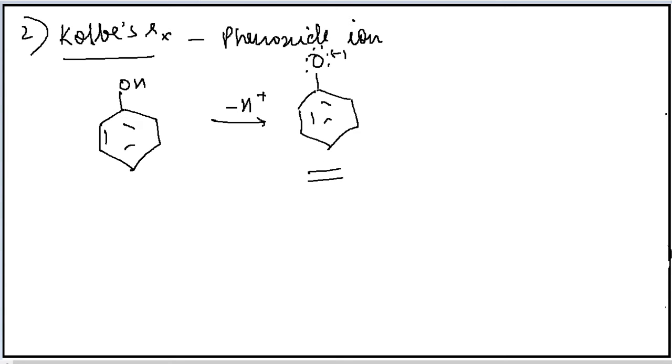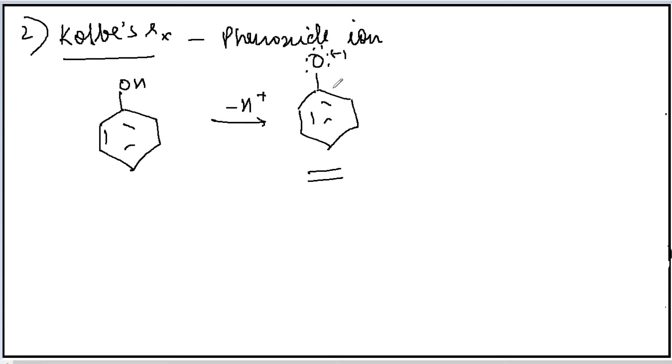So Kolbe's reaction is given by phenoxide ion. Phenoxide ion is a stable form. The stability of phenoxide I already explained to you in the last video by the resonating structures of phenoxide ion. So phenoxide ion is more reactive towards the electrophilic substitution reaction than phenol.